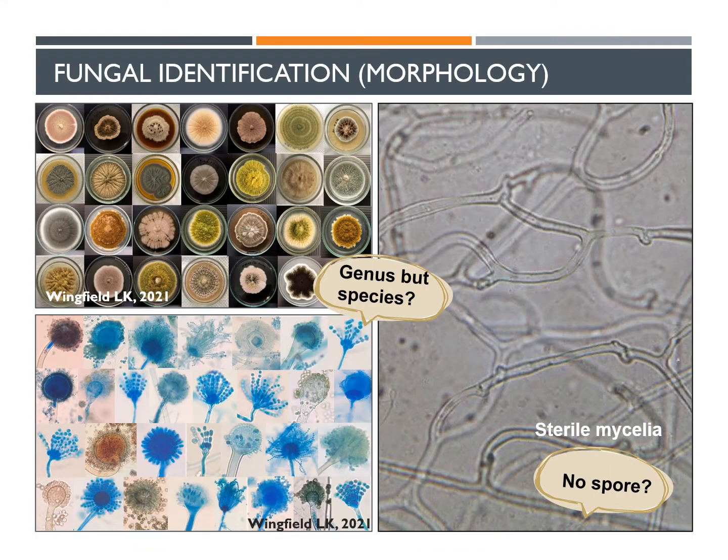Moreover, identifying fungi based on morphology alone can be challenging, especially when non-experts are dealing with cultures of fungi, since there are a limited number of morphological characters that can be used for identification.